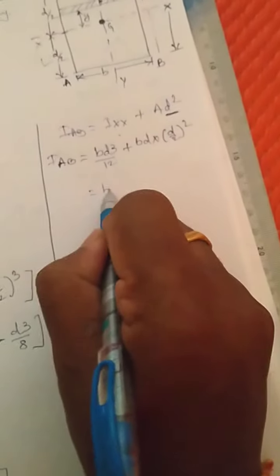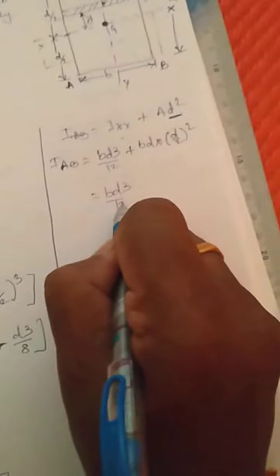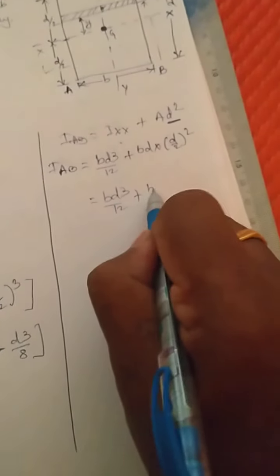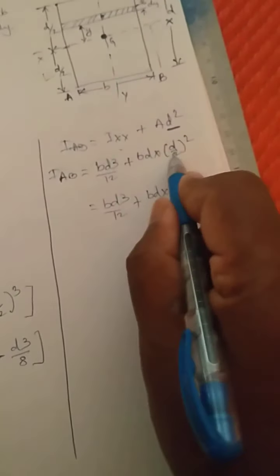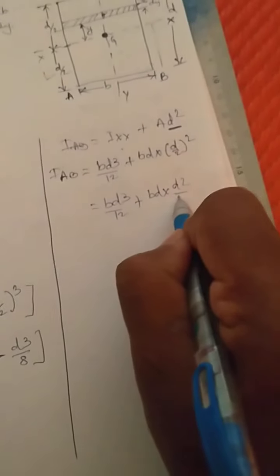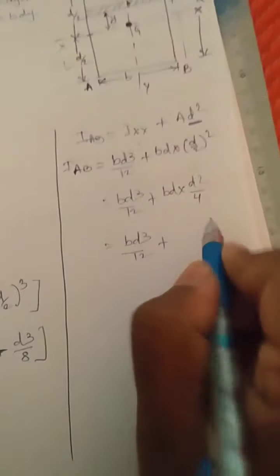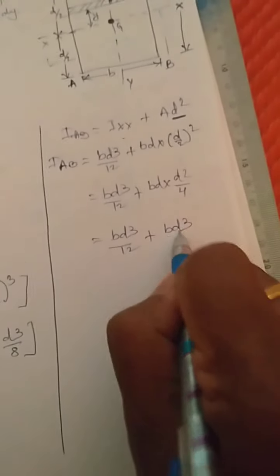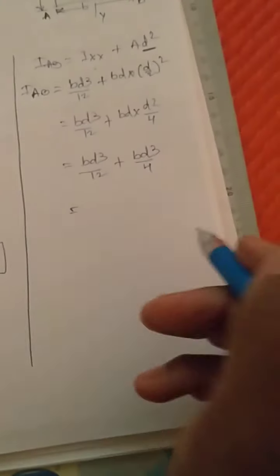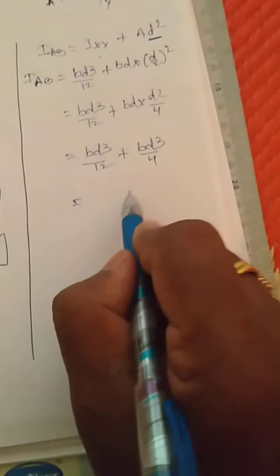Now this becomes bd cube by 12 plus bd into d square by 4. So it is bd cube by 12 plus bd cube by 4. Now we need to take the LCM, which is 12.